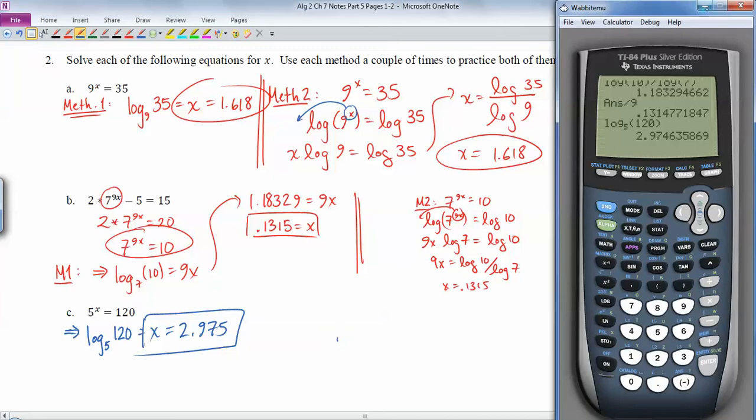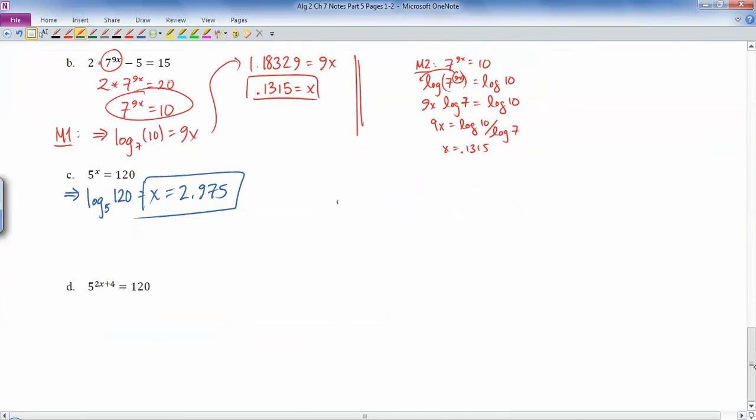All right, and then I think there's one more here. Yep, one last one. So this one, the whole thing here is the power. So if I just convert it right away, it's log base 5 of 120 equals 2x plus 4. So in fact, we can just solve for x leaving it like this. Log base 5 of 120 minus 4 equals 2x, and then we'll divide both sides by 2.